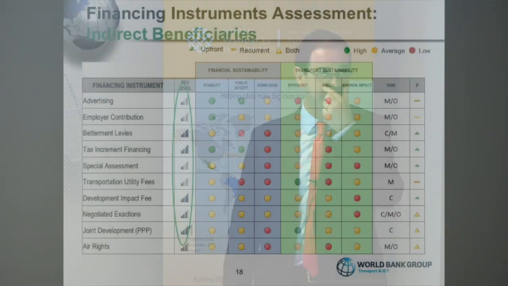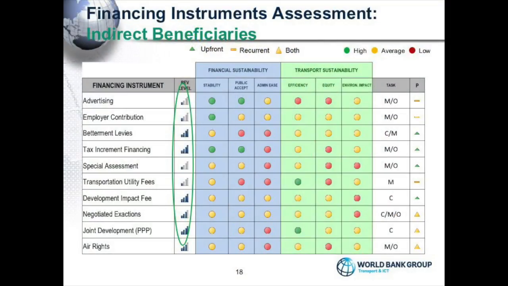Now on to indirect beneficiaries. So here we have employers, urban developers, real estate interests, and so on. We have a series of instruments, from advertising to tax increment financing, special assessment, or valorization in other contexts it's called.